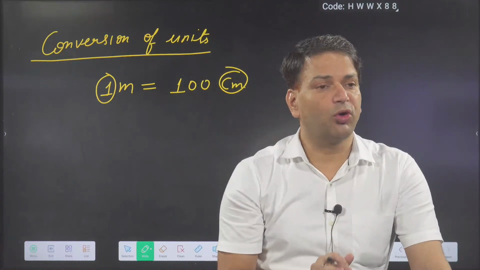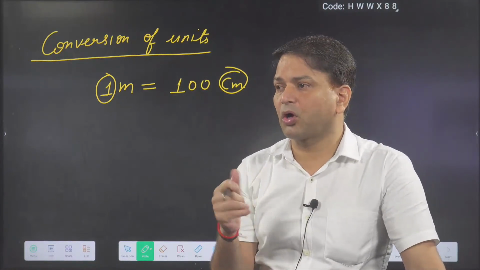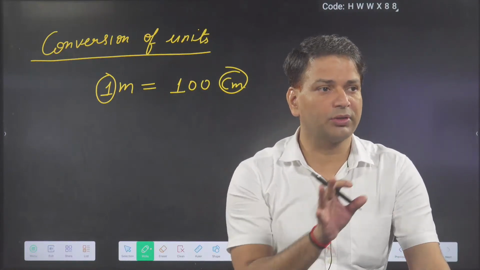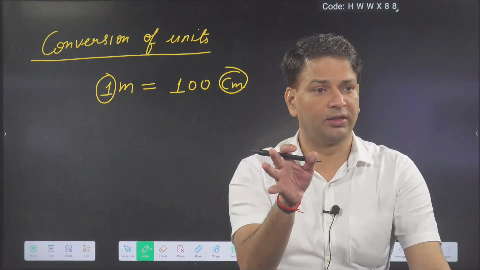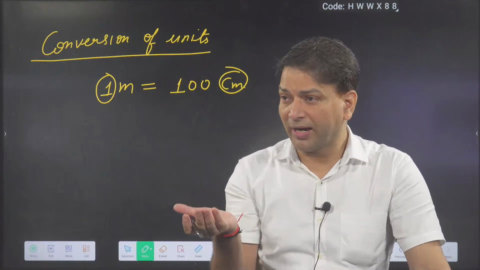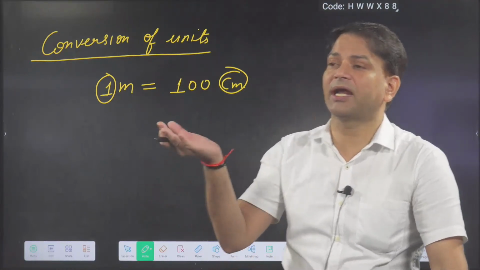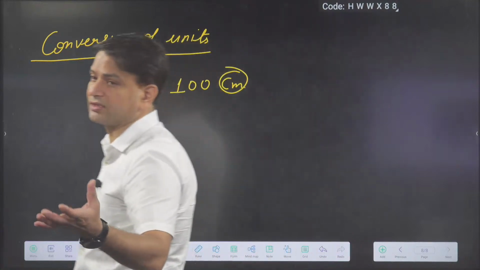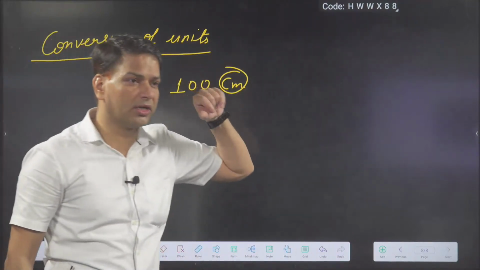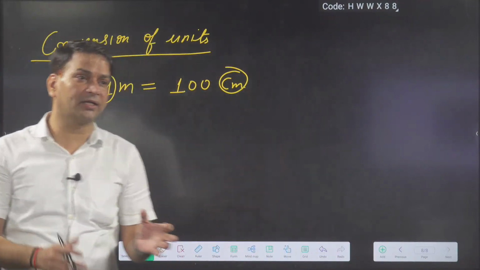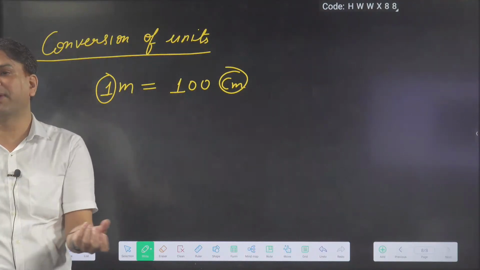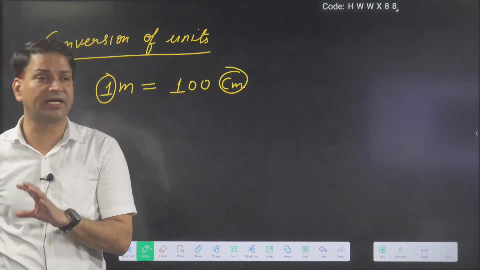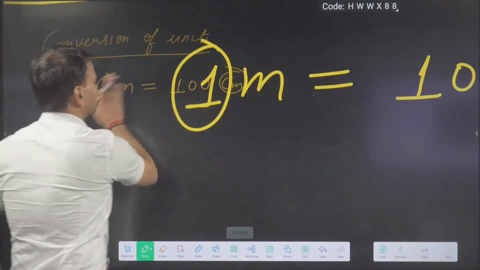1. It means we can say the product of the magnitude of the quantity and unit will be constant. Why? When I take the unit larger, like meter, the magnitude will be smaller. If I take the unit smaller, then the magnitude will be larger. Everybody getting or not? So by this way, what we can say?